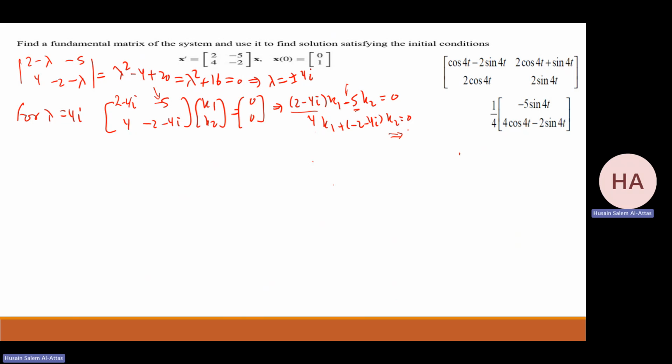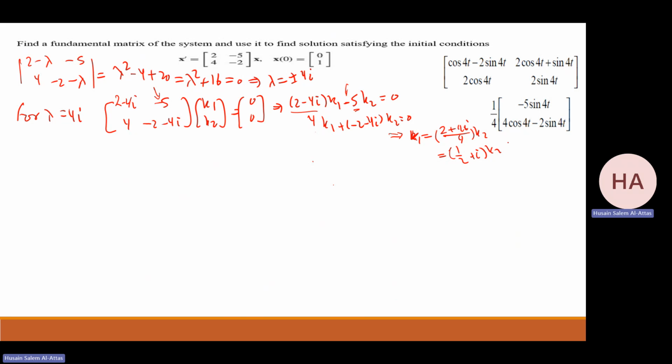So k1 will be (2 plus 4i) over 4 times k2, which is half plus i times k2.